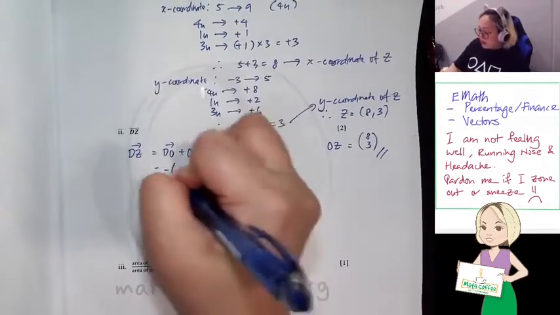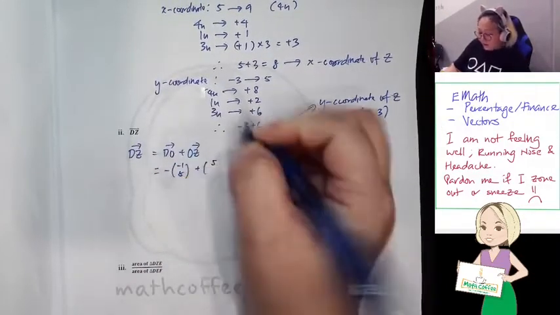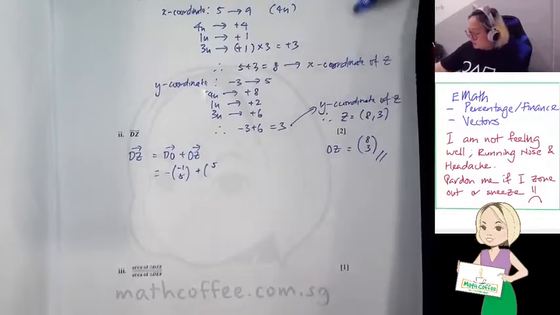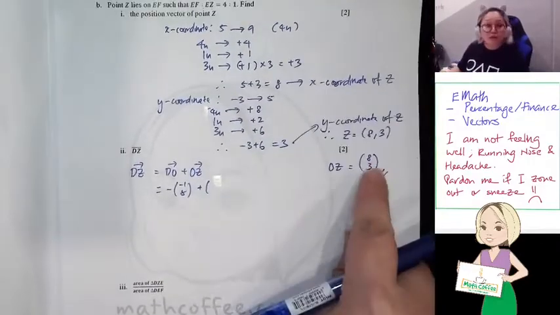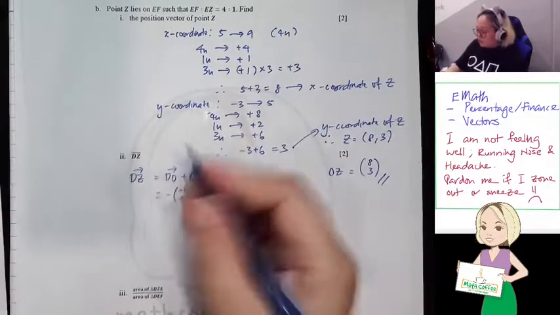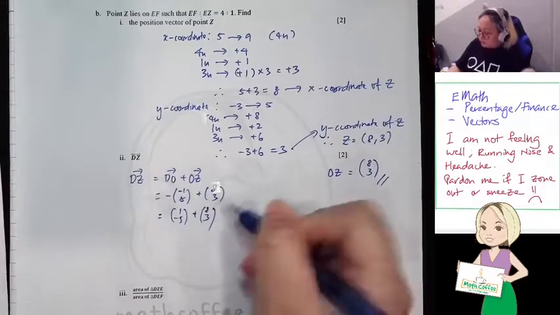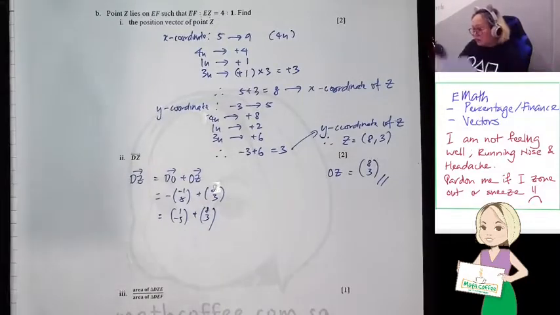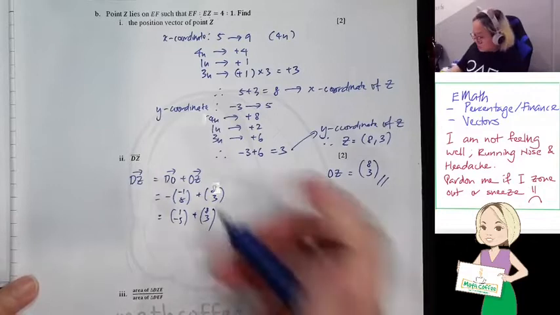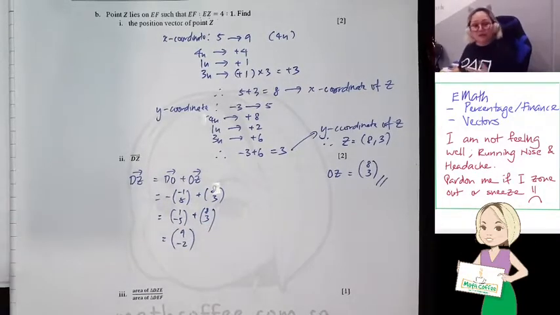So it's just (-1, -5) plus... sorry, OZ is (8, 3). OZ is (8, 3). So we will have (-1, -5) plus (8, 3), and that will give us (9, -2). And we're done.